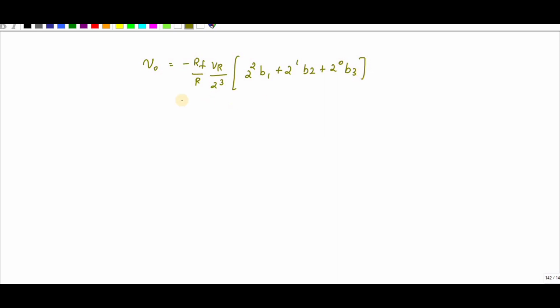Okay. So I can write this as minus RF divided by R into VR divided by 2 power n is equal to B1 2 power n minus 1 plus B2 2 power n minus 2 and it will go on till Bn 2 power 0, right?